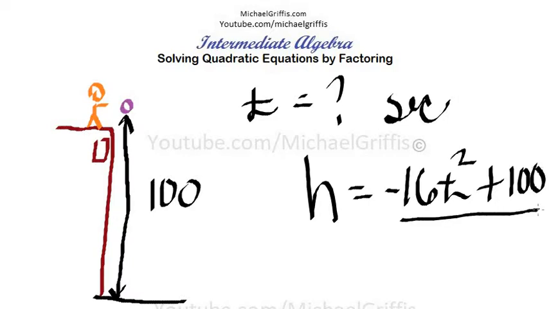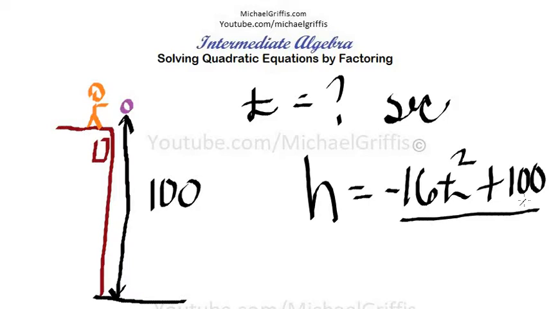You might be asking, where in the world does this come from? Don't worry about that right now. However, you can see that this 100 is the 100 over here. Actually, this is in feet per second, isn't it? Since it's 16, yeah, we better do that. So this models the distance.